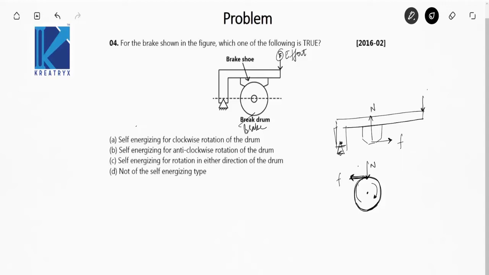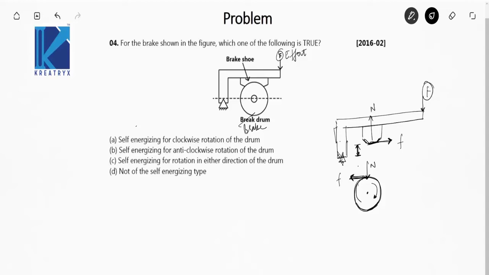F. I have told you that for the self-energizing brake, the moment due to this effort should be in the same direction as the moment due to friction. This hinged point is somewhere here, and this is the distance to the brake shoe where the friction force is acting.